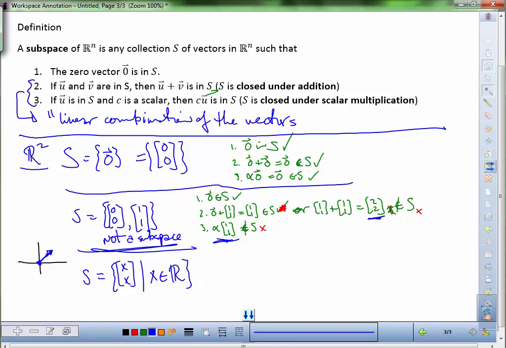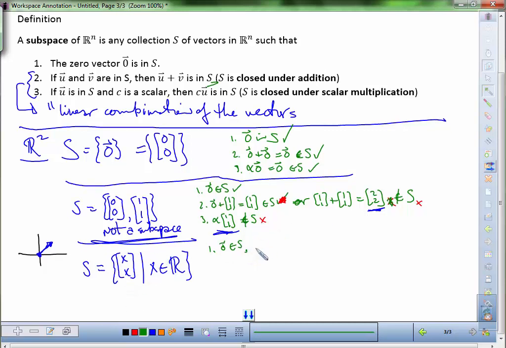Let's see. So is a 0 vector in here? Yes, because if x is equal to 0, then I get 0, 0. So this is a check.